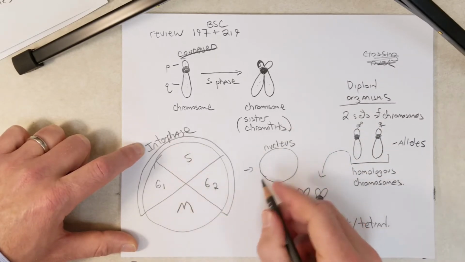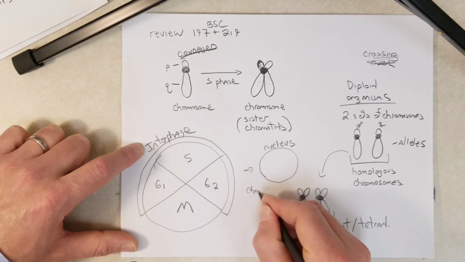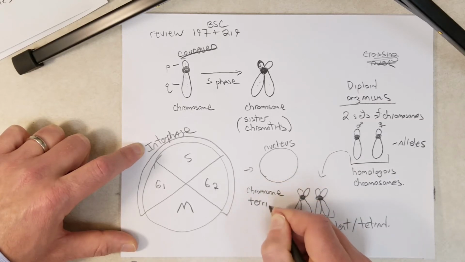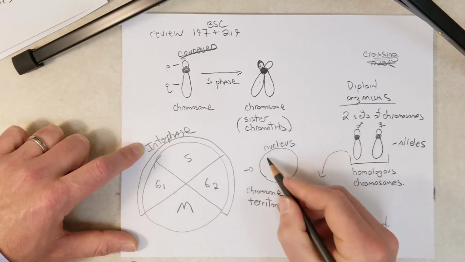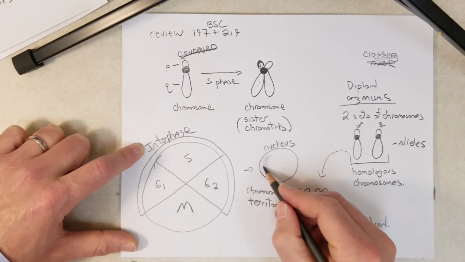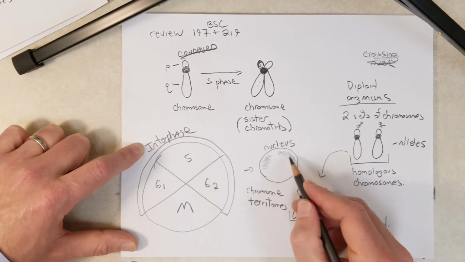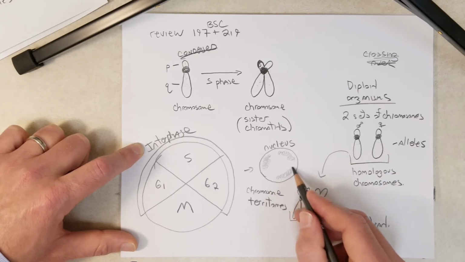And it's thought that each chromosome has its own territory. So chromosome territories. And so they would be unwound. And let's say chromosome 1 would be over here. And maybe both chromosome 1s would be over there in that section. Chromosome 2 would be over there in that section.